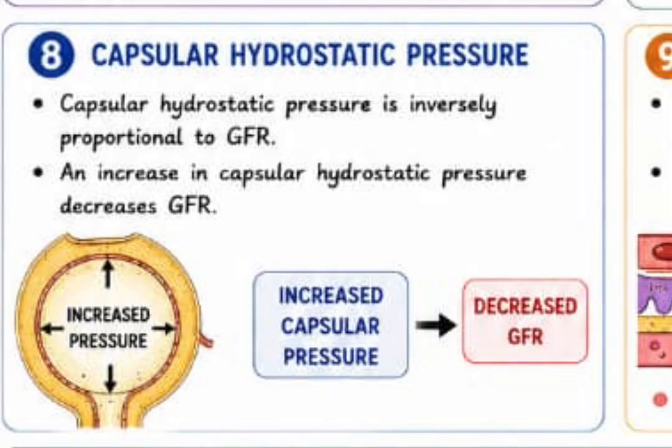It is almost the same thing as colloidal and oncotic pressure: colloidal and oncotic pressure opposes capillary hydrostatic pressure, and capsular hydrostatic pressure opposes capillary hydrostatic pressure. So it is inversely proportional to the GFR. When you increase capsular hydrostatic pressure, you are dropping the GFR. Why? Because you are telling substance to not enter into the Bowman's capsule.